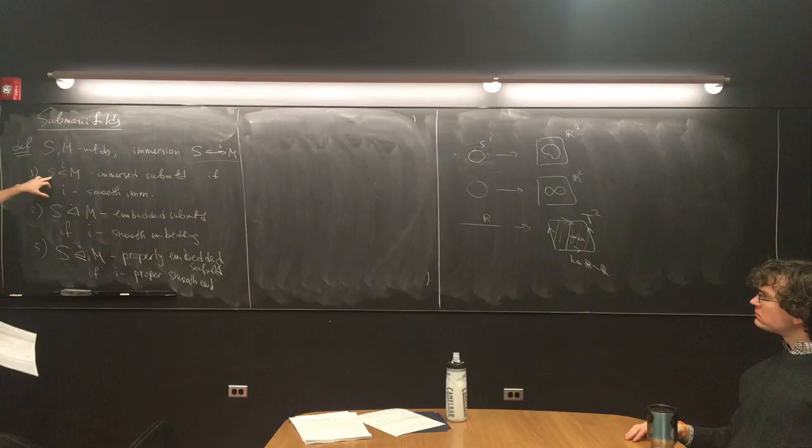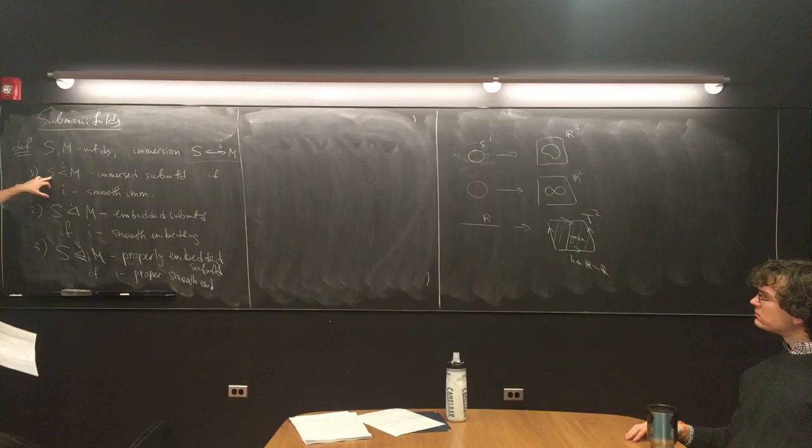So the theorem: pi is a submersion if and only if every point in M lies in the image of a local section of pi.